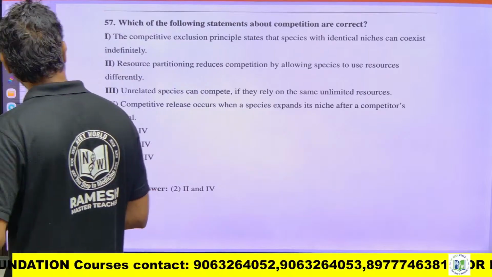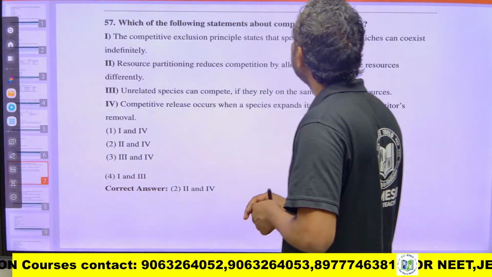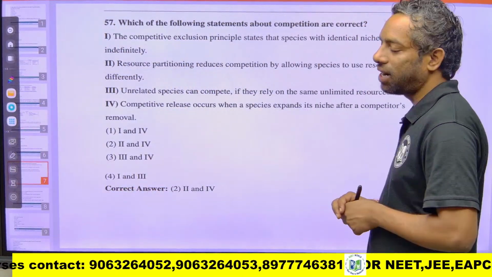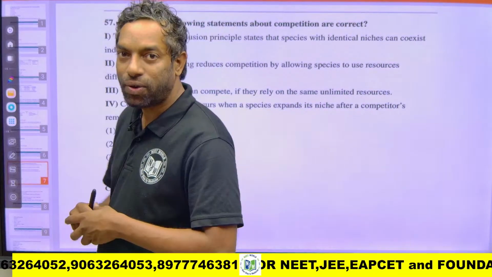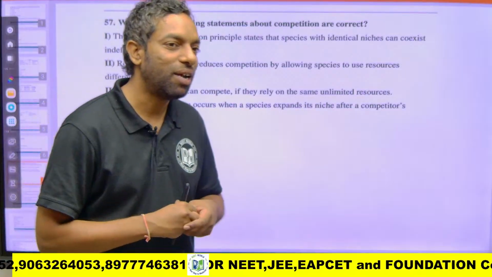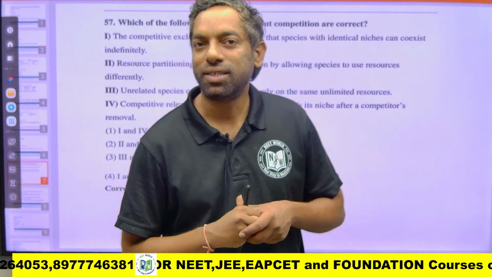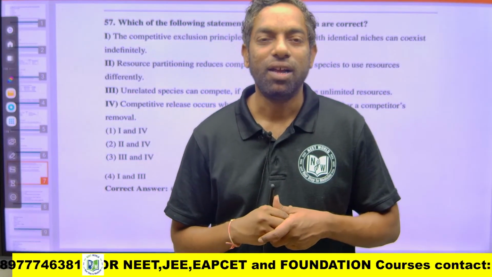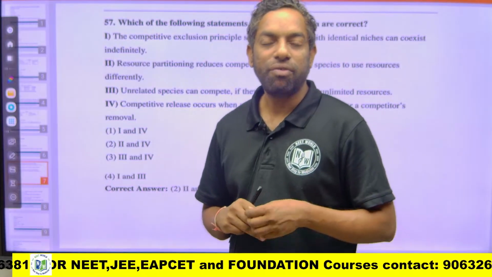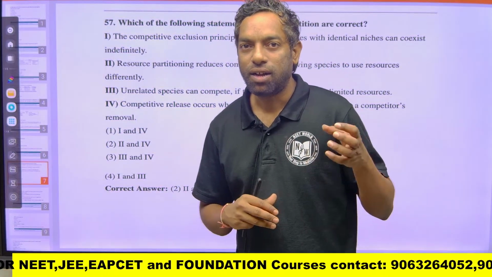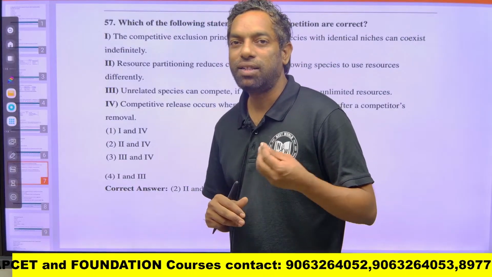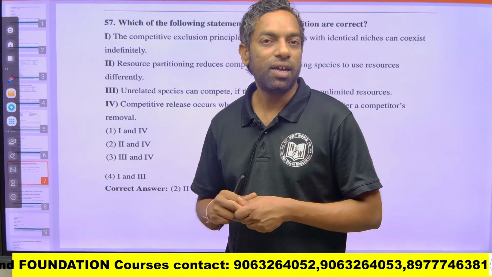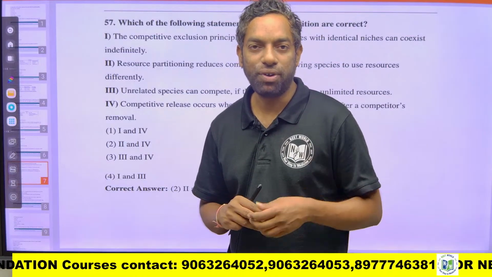Next question: which of the following statements about competition is correct? In any ecosystem, there are populations. A population is a group of similar genetic material that interbreeds. Populations compete for resources, for food.